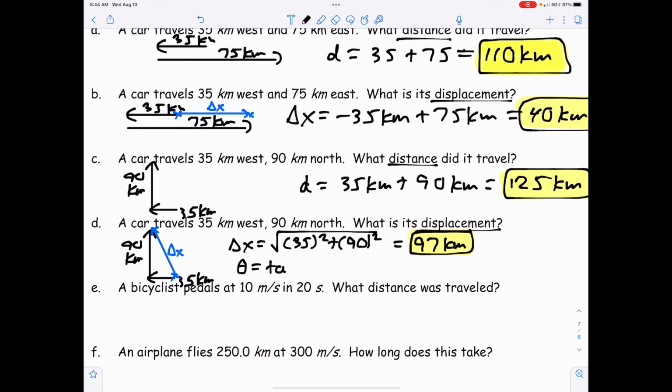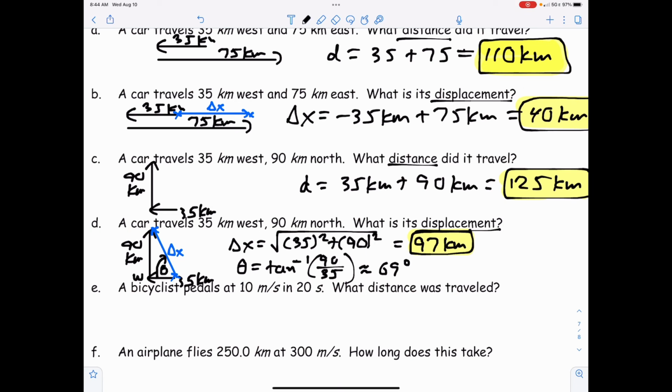So the arctangent of 90 over 35, so 90 divided by 35, then go ahead and take the arctan of that, and you get about 69 degrees. But look at where it's coming from. 69 degrees coming from the negative x direction, or north of west.